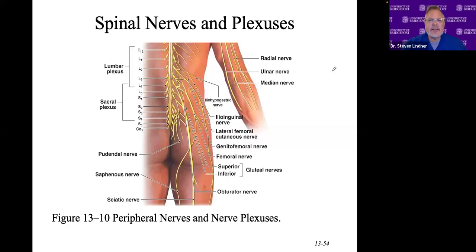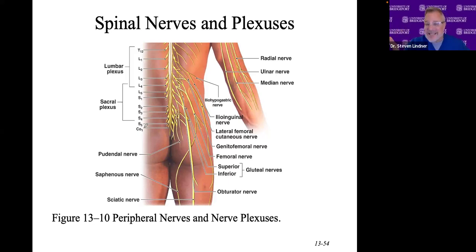Hi, class. In this next video, we're going to look at the plexi of the lower back, which will go to the lower extremity. Remember, in terms of plexi, there's two in the neck, a cervical plexus and a brachial plexus. And there's nothing in the mid-back.